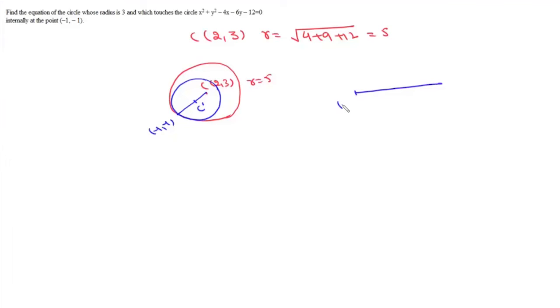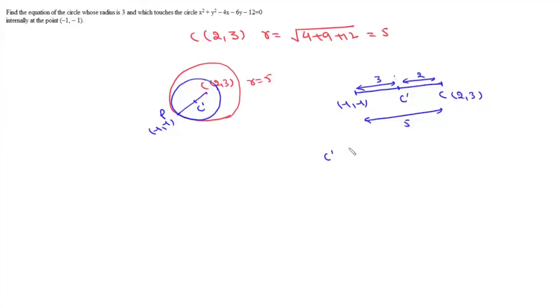So this point is (minus 1, minus 1), and say this is P. And this is the center of the circle, which is at (2, 3). Radius is 5. And the center of this other circle is C dash, and its radius is 3 units. So this distance is 2 units.